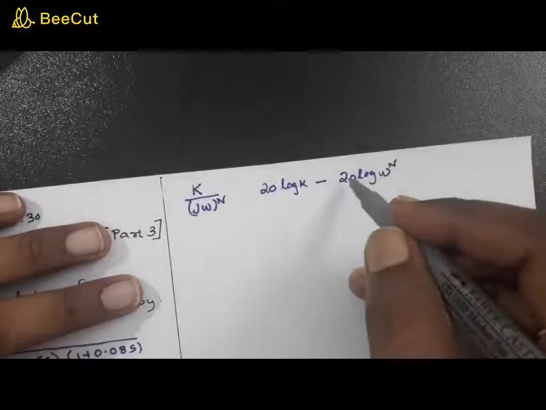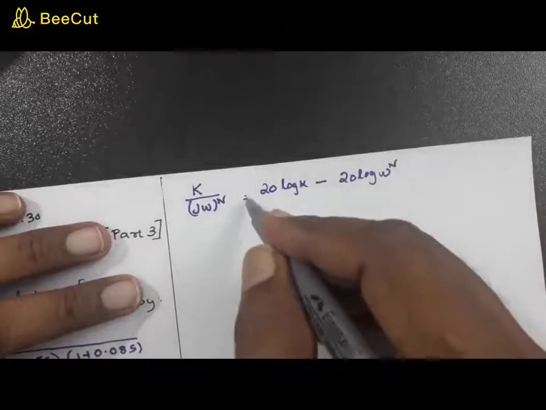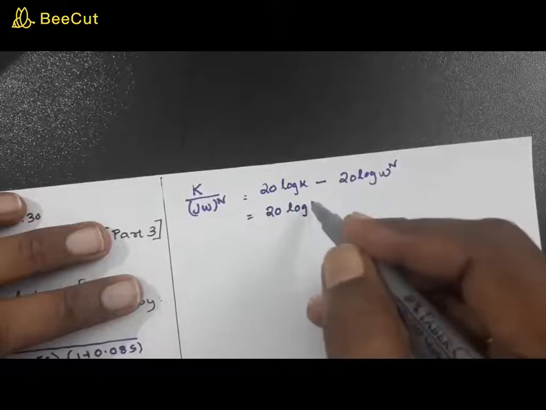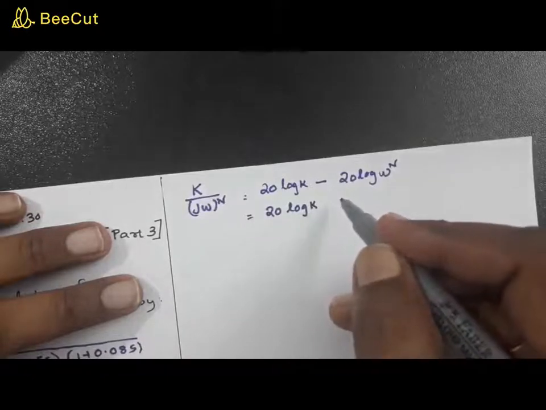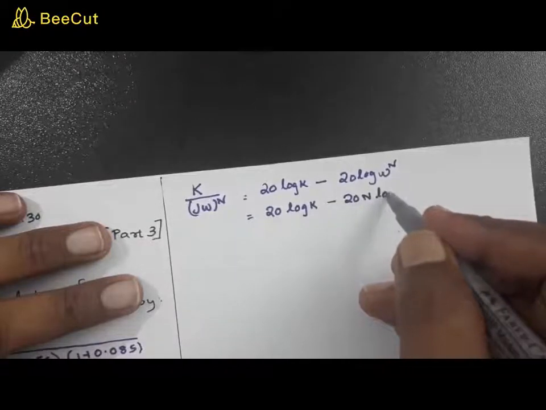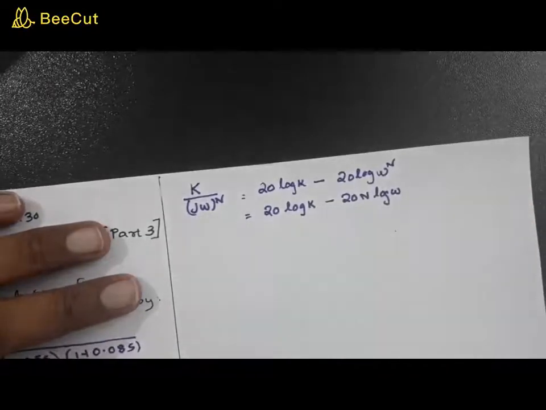You can bring this n to this side, so that this becomes equal to 20 log k minus 20 n times log omega.